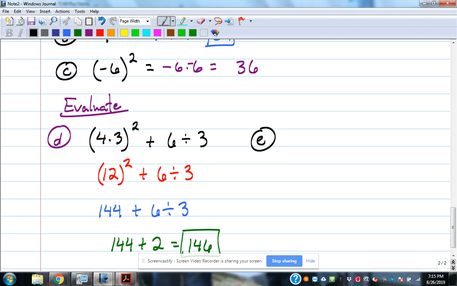Okay. Let's do this one. 6 divided by 3 times 2 to the third times 5. That's a weird one that can trip some folks up sometimes.